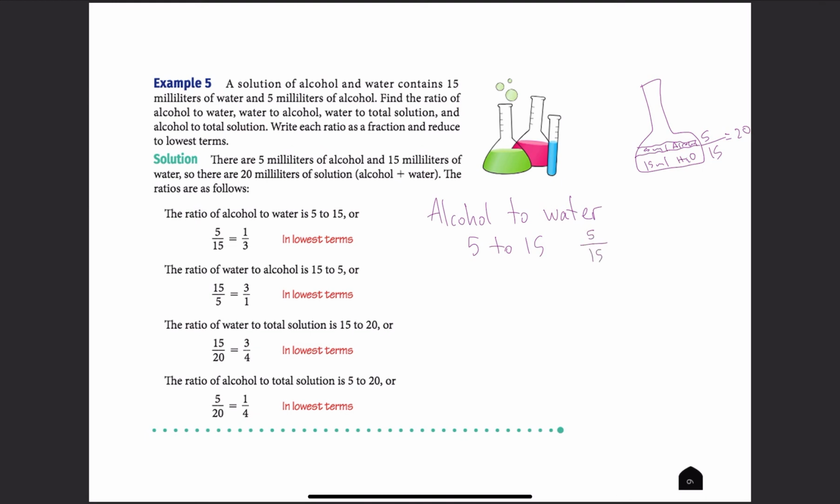And whenever we write a fraction, it's always important for us to look, the onus is always on us, to see if we can reduce, if it makes sense to reduce, and if we can. In this case, both these numbers end in 5, so I know they're divisible by 5. I'll start with that. 5 divided by 5 is 1. 15 divided by 5 is 3. And so 1 to 3. So 1 part alcohol to 3 parts water.